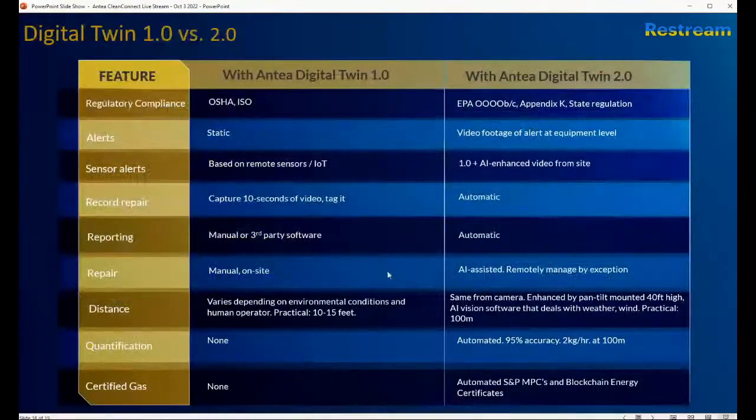So let's talk about some of the regulatory compliance. I'm not as familiar with OSHA and your ISO there with your digital twin 1.0. Floyd, why don't you talk about that? For OSHA, we were designed to manage mechanical integrity data, which is OSHA 1910.119(j)(1)(i), I think.